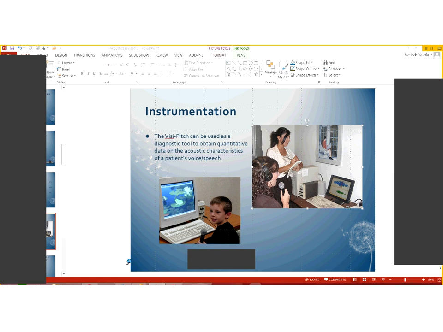And for this class, you guys will be using Praat, which is software that you can use to record speech. And for the labs, I think it's labs 2, 3, and 4, you're recording your voice and making specific measurements about the frequency, the intensity, or maybe the timing of the speech production.